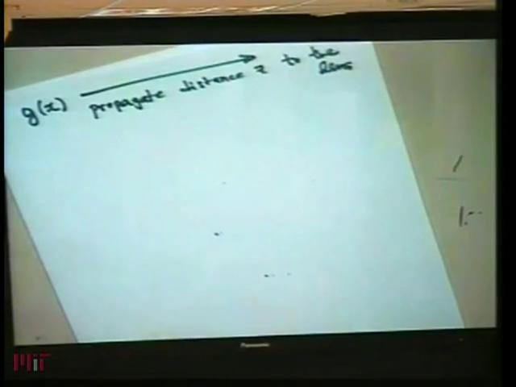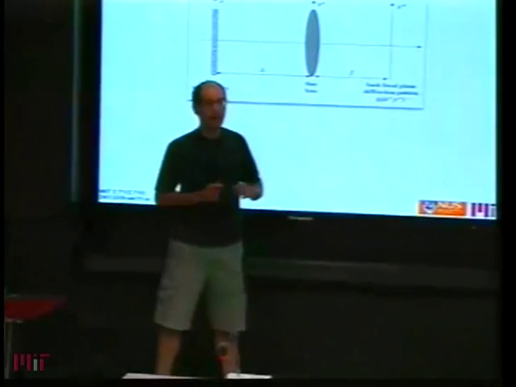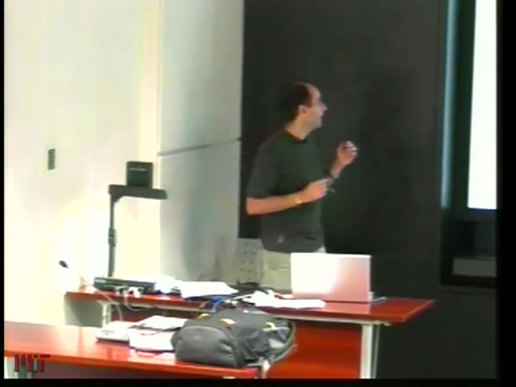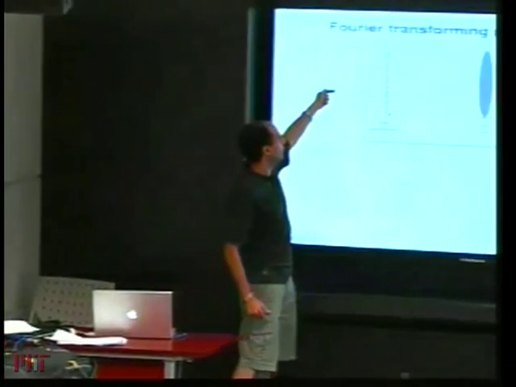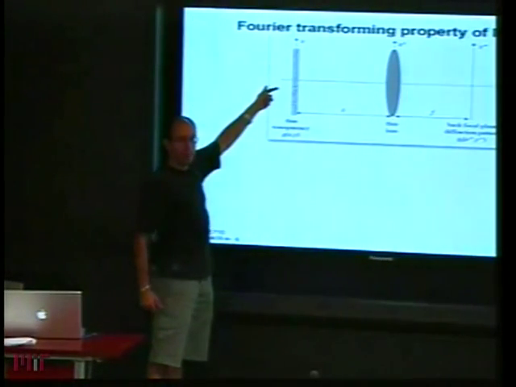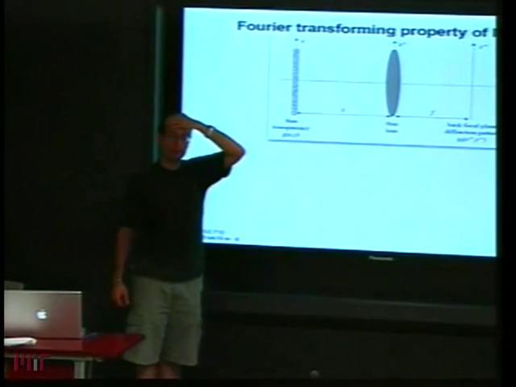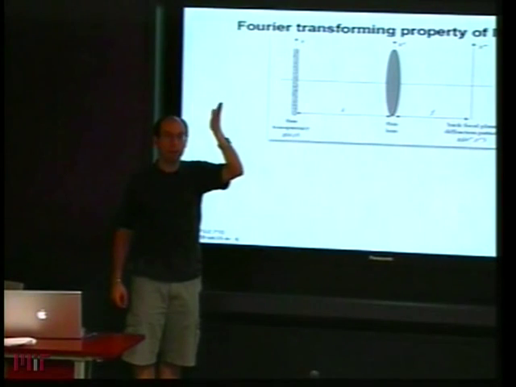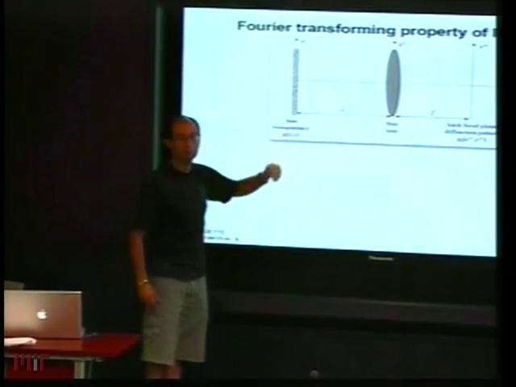Now on the lens, my coordinate is x prime. Also I forgot to say, that's quite important, the implicit assumption here is that the illumination is an on-axis plane wave coming from the left, so that, if you recall, we said a couple of times, its complex amplitude is simply 1, because I can choose a constant phase, and there's no x variation.